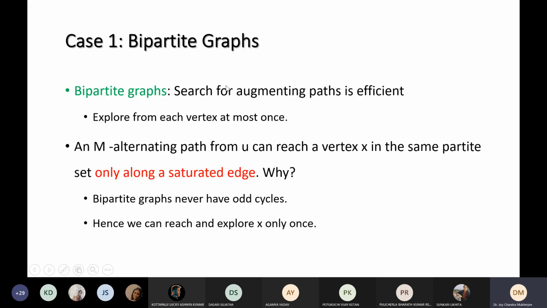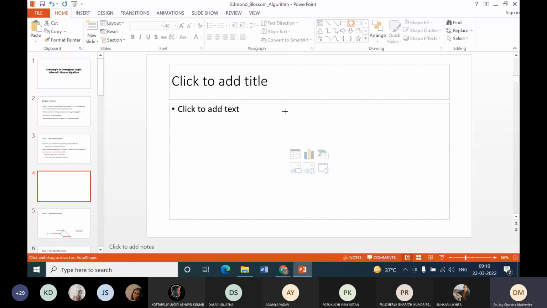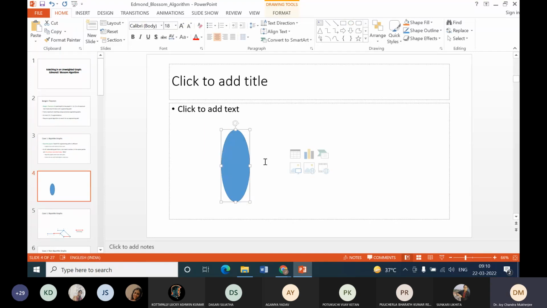We can start from any one partite, choose an unsaturated vertex, and from there start a search. Suppose there are two partites, X and Y, and we start from partite X. Let's draw a figure, then we can easily visualize things. Suppose this is my one partite, and this is my second partite.